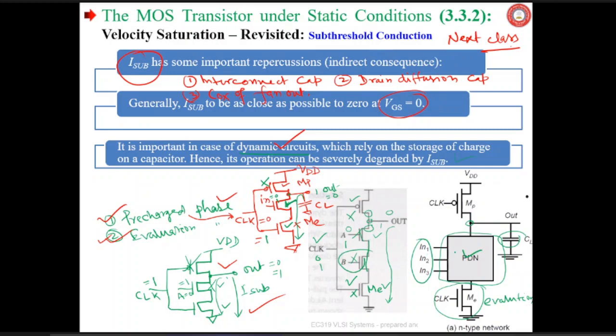In this case, if any of the inputs is low, your pull down path is broken. So CL is not going to get a path to discharge to ground. So the output node value should ideally be high.